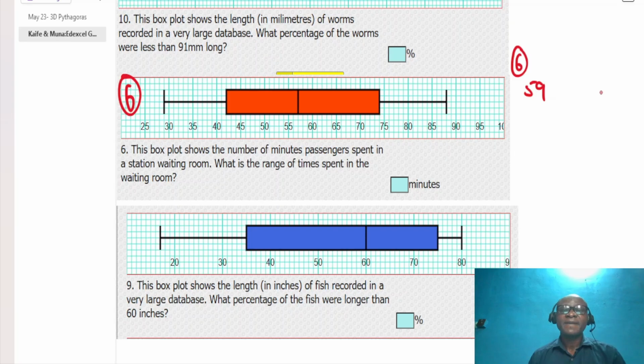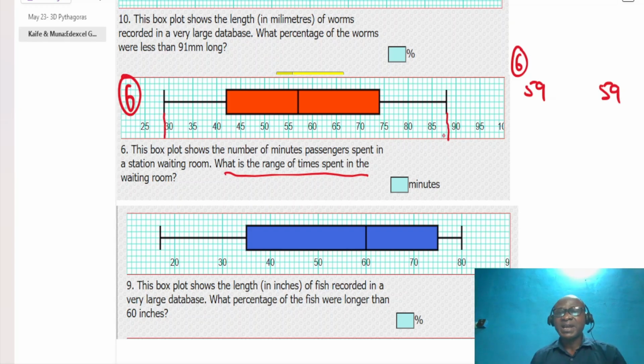59 as well. The question asked, what is the range of time spent in the waiting room? So the range is highest minus lowest. Let's work it out. The highest value is here, while the lowest value is here.